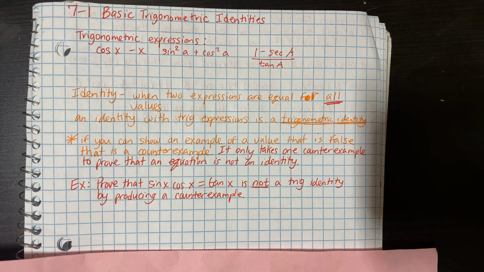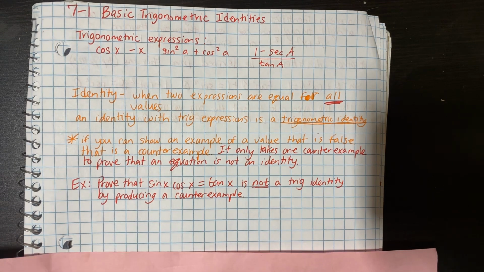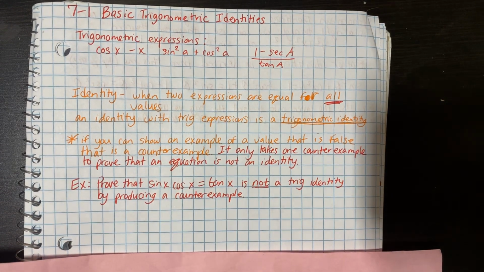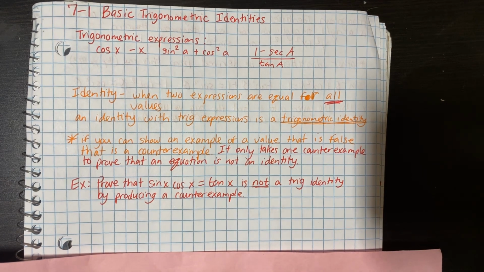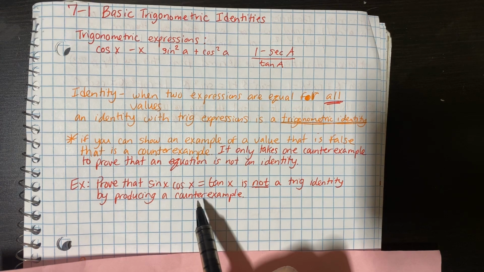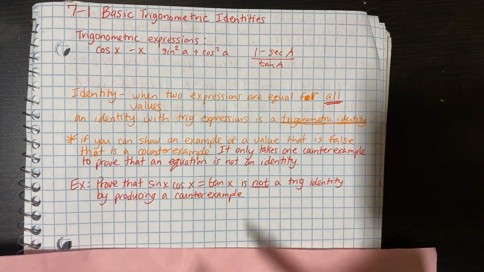So pretty much what we're going to do is plug some numbers in here to find one that's not going to work. We could think about our unit circle and think about what tangent is at different points to think about what multiply won't make it equal.